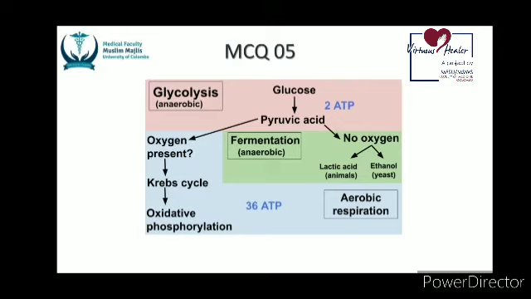The products of fermentation will differ in plants and animals. In plants as well as in yeast, fermentation is going to produce alcohol, that is ethanol and carbon dioxide, while in animals, fermentation is going to produce lactate.